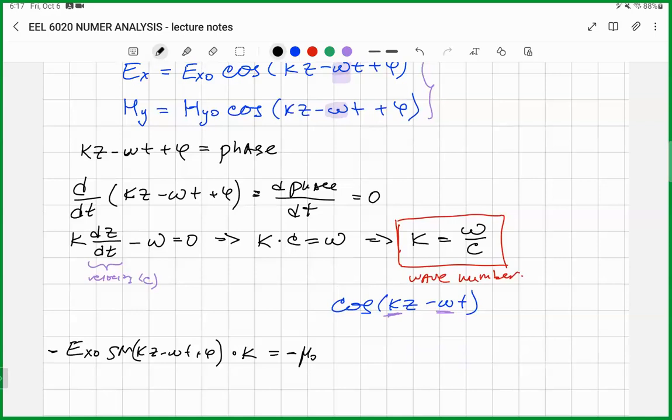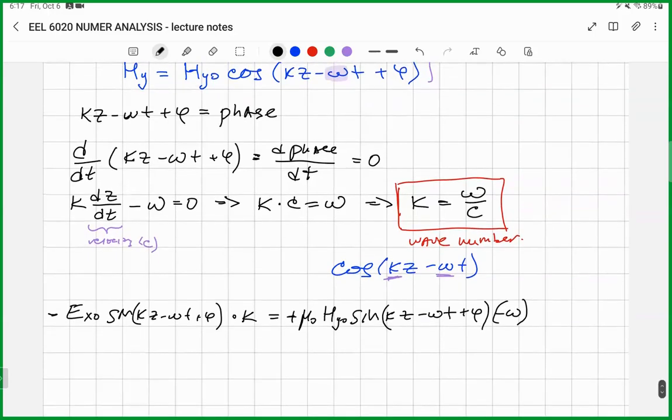So it's dH over dt, which is H y0 sine of kz minus omega t plus phi, and the derivative of minus omega t is minus omega.